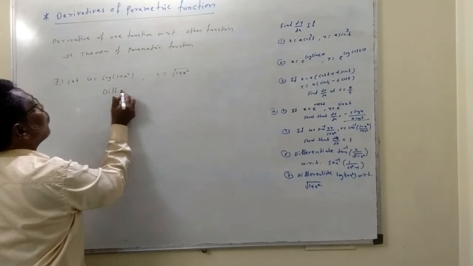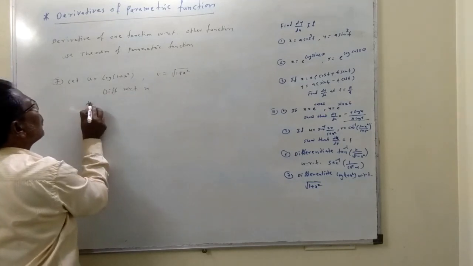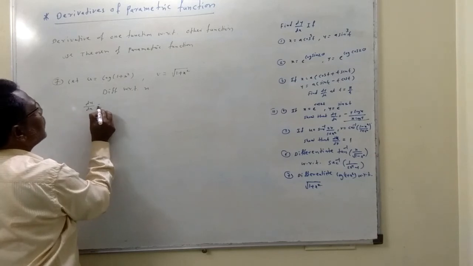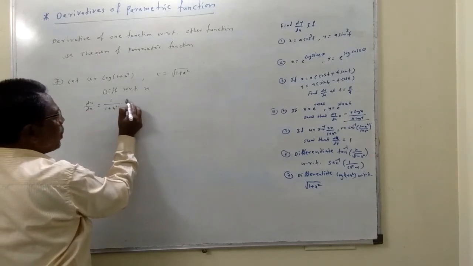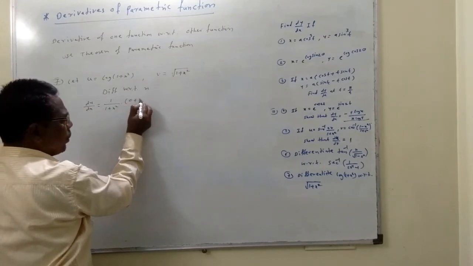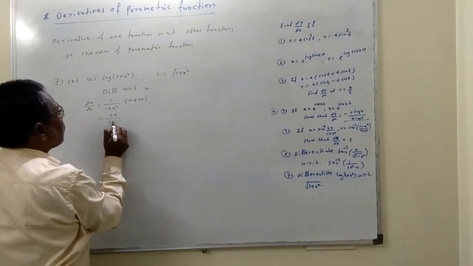Differentiate with respect to x. So du upon dx is equal to the derivative of log, 1 upon 1 plus x square, into the derivative of 1 plus x square, which is 0 plus 2x. So du upon dx is 2x divided by 1 plus x square.